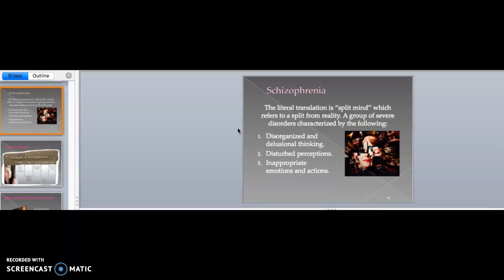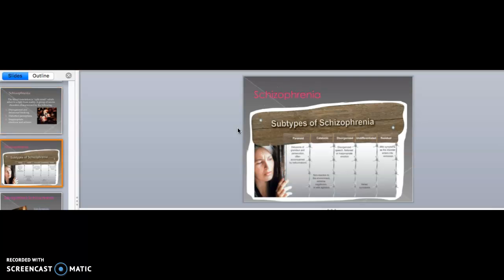It's a very severe disorder. 1.1% of the US population is thought to have schizophrenia, categorized by disorganized and delusional thinking, disturbed perceptions, and inappropriate emotions and actions. Some subtypes of schizophrenia would be paranoid, catatonic, disorganized, undifferentiated, and residual.